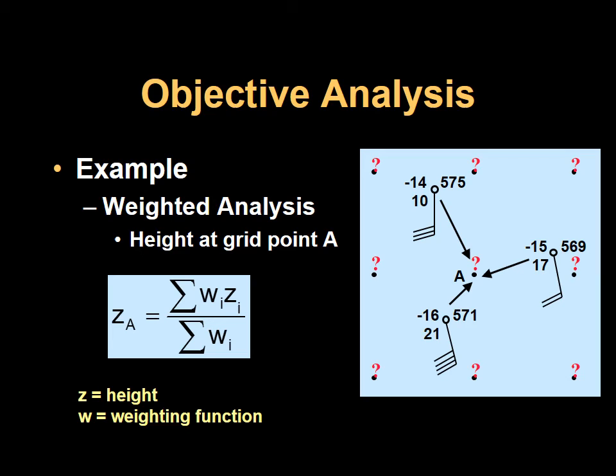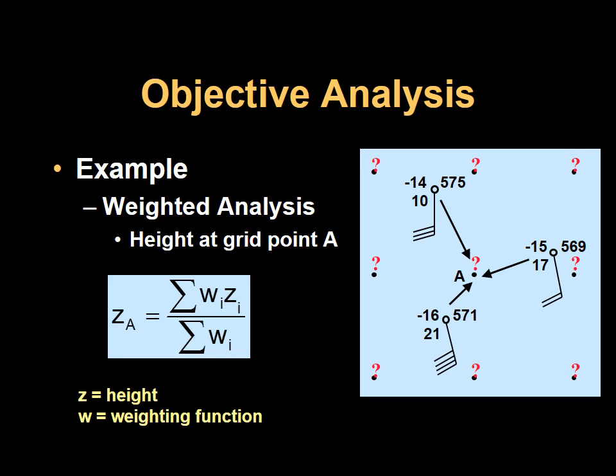Say this is maybe a 500 millibar chart, and you know that 500 millibars is about 5,800 meters above the ground. So you see 3 different observations, 3 different heights of the 500 millibar chart. You see 575 up top. Down in the lower left corner, you see 571, and you also see 569 to the right. Now, those are all in decameters, in other words, tens of meters.